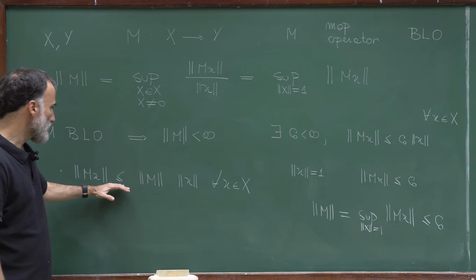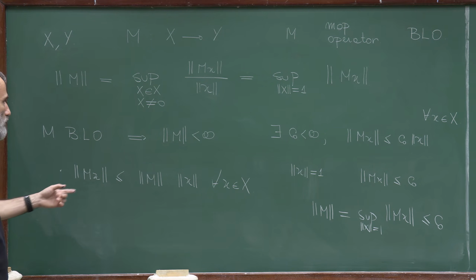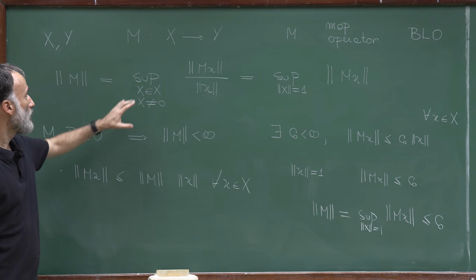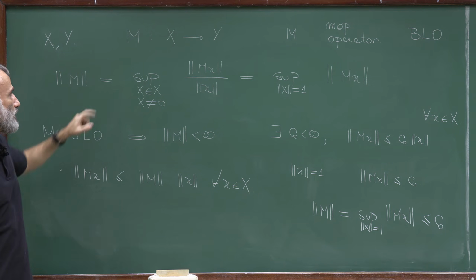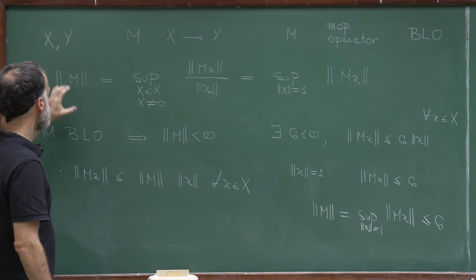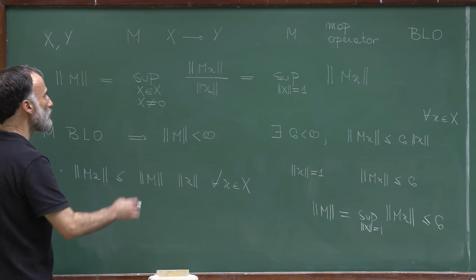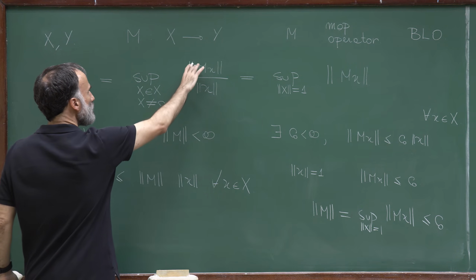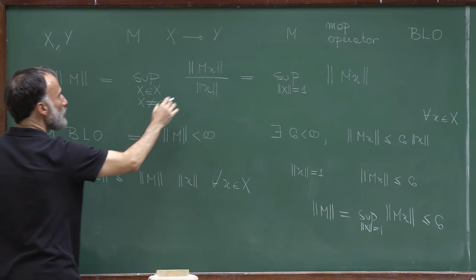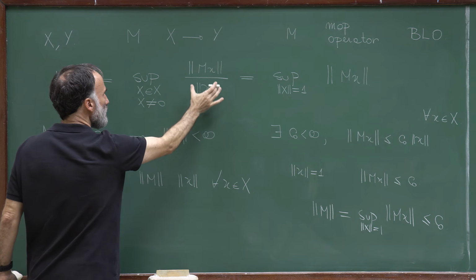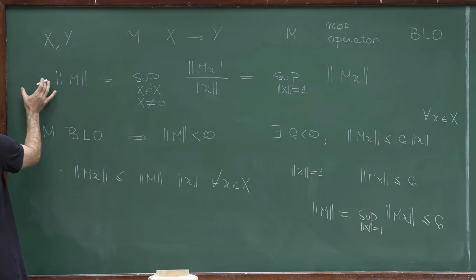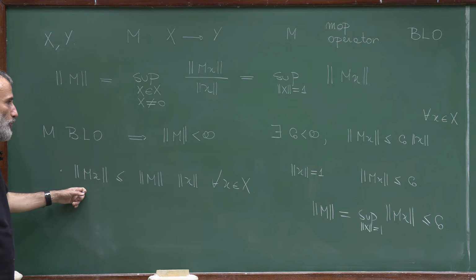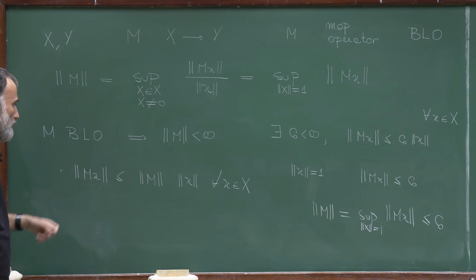Therefore, this inequality is satisfied. If x is different from 0, then it follows from this identity, since the norm of M is the supremum, it follows for all x different from 0 that this quantity is bounded by that, which means that the norm of Mx is bounded by the norm of M times the norm of x, which is exactly what's written here.